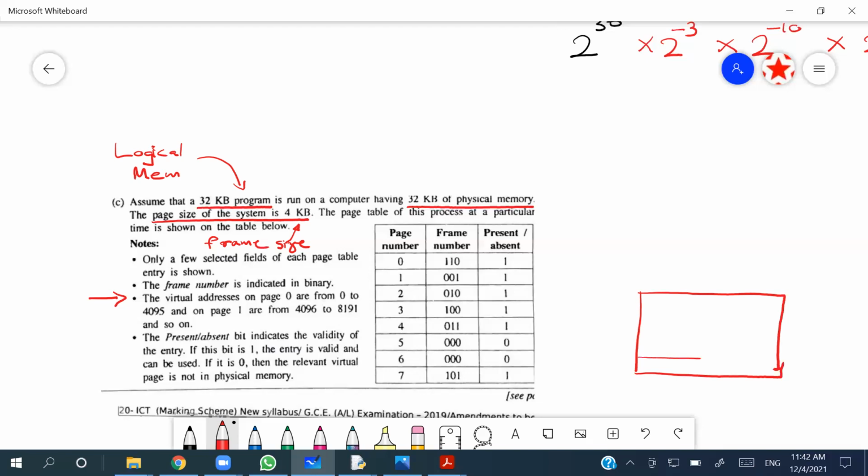That means this may contain lots of memory slots. So the very first one and the very last one, addresses are given. This first one is considered as 0, and this is considered as 4095.